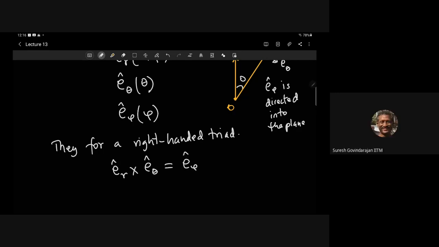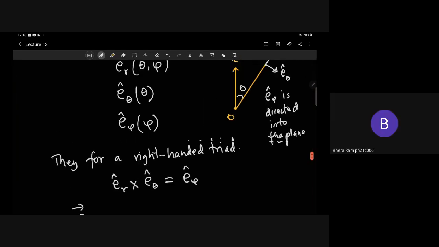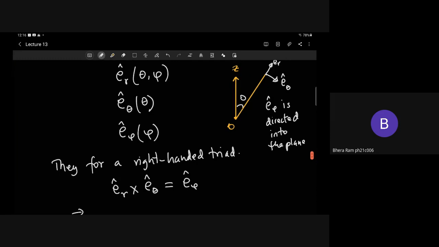Okay, and one more thing: e_theta should be a function of phi also, because if you go to a different azimuthal angle, then the direction of the e_theta vector changes. I'll let you think about it, so let's put a question mark here and you can come back and tell me that I'm wrong. E_theta is a function of phi, that's what you're saying. Yeah, that's correct.